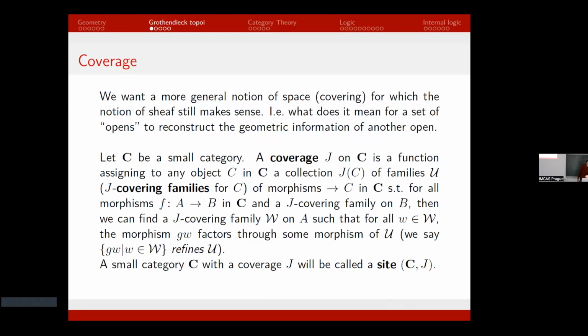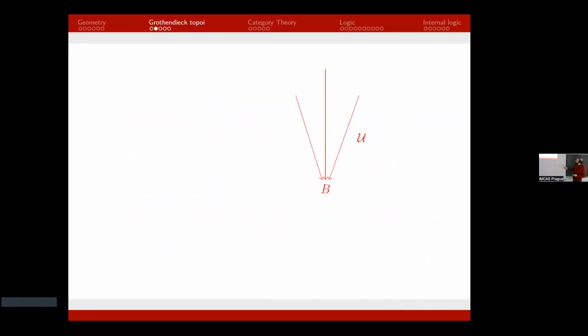I think this is a mistake. It should be J. But anyway, there should be a coverage such that if I compose this with the function f, this factors through the first one. But nothing is understandable from what I said, so let's see it in action.